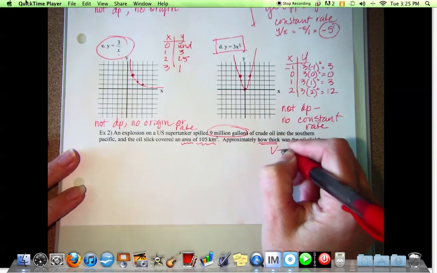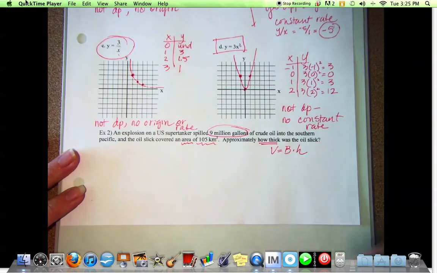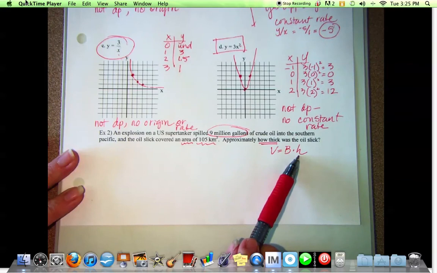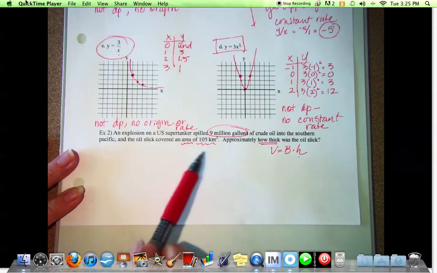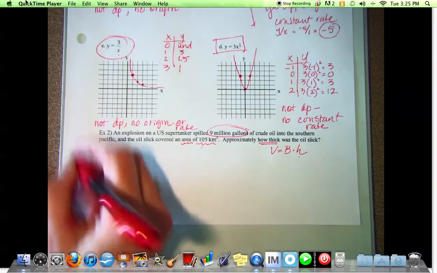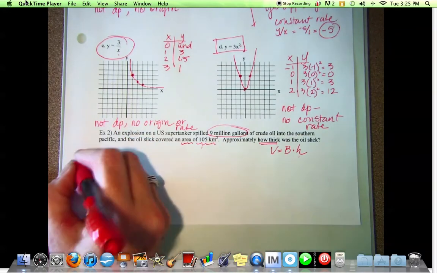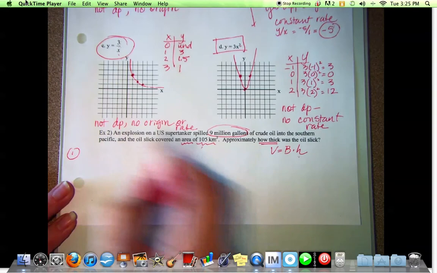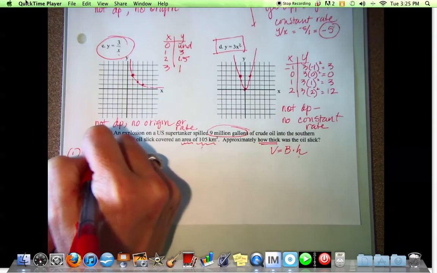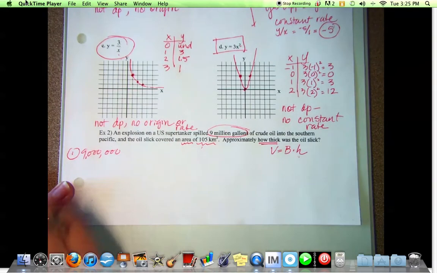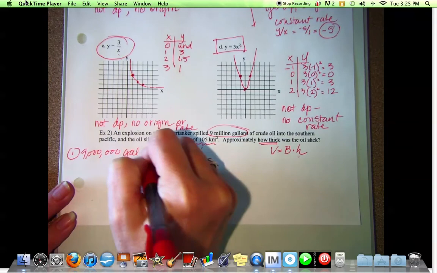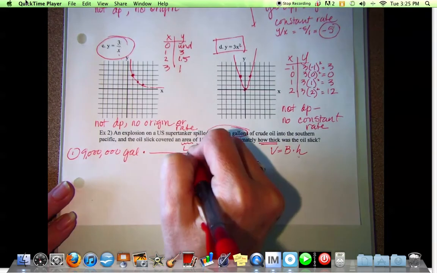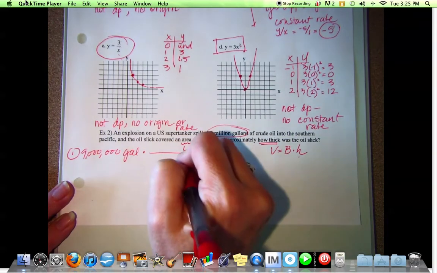So volume equals area of the base times the height. We need to find the thickness or the height. We're given gallons, we're given kilometers squared. So we've done this one before. Let's do it in shorter steps this time. We need to change the gallons to liters. So 9 million gallons. Change it to liters. So liters goes on top, gallons go on the bottom.